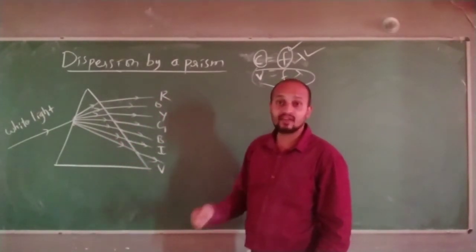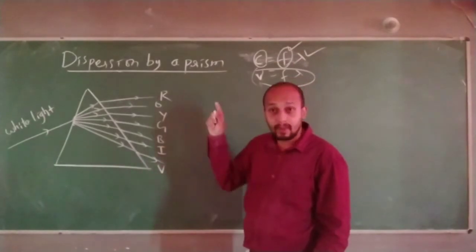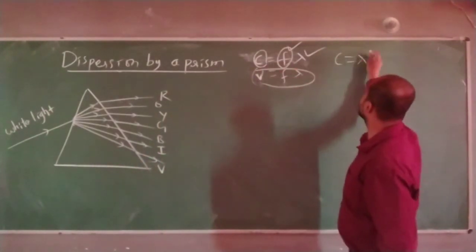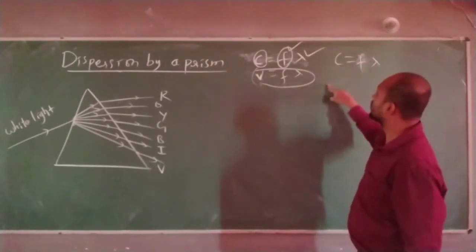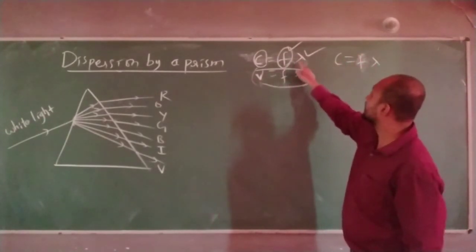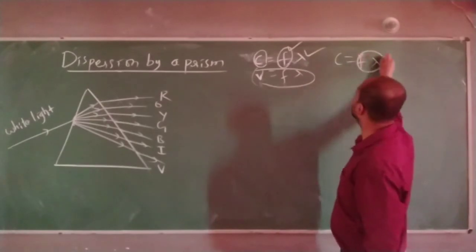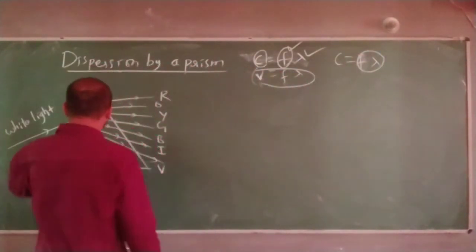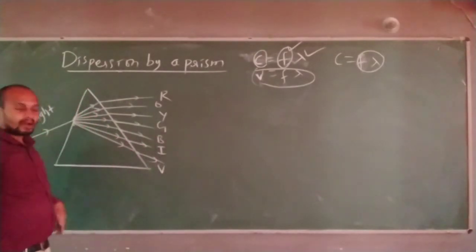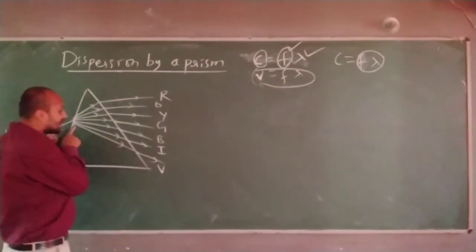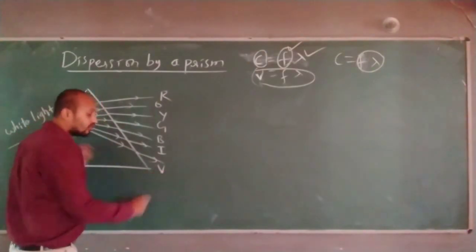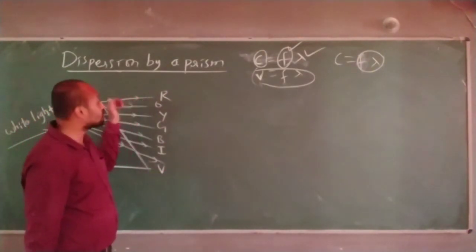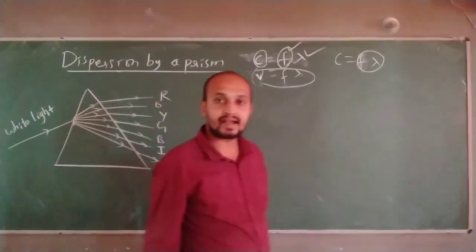Correct now? Why, for different frequencies, is the speed changing? Because to satisfy this condition. What is the condition? C is equal to f lambda. If f is different, lambda also has to be different to satisfy the value of C. Got it now? So, according to their speeds, they are going to bend. You have written that the most bending takes place for violet, and the least bending of light is for red light.